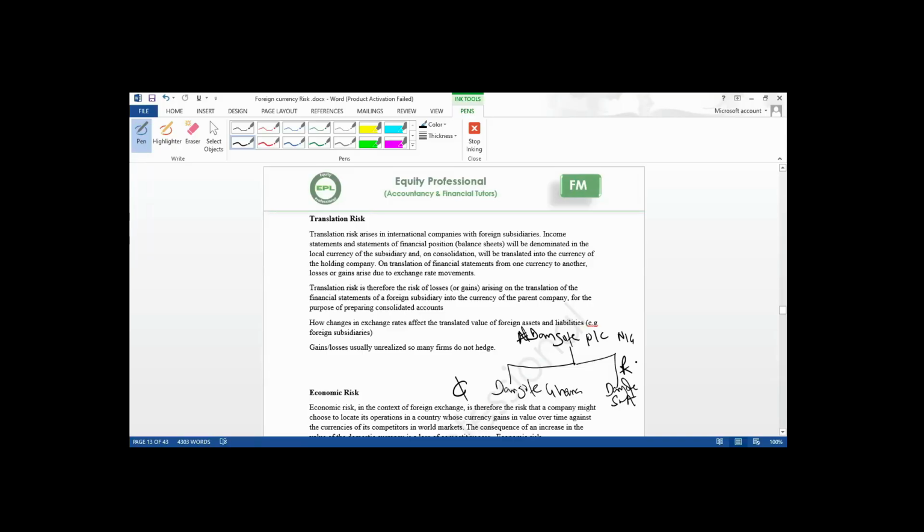At financial year end, the parent company in Nigeria must prepare consolidated financial statements that cover activities of all foreign subsidiaries. In that case, assets and liabilities of Dangote Ghana denominated in cedis will be converted to naira.